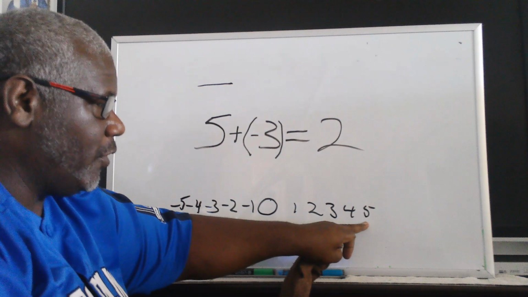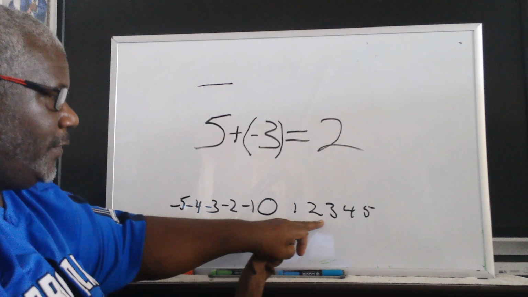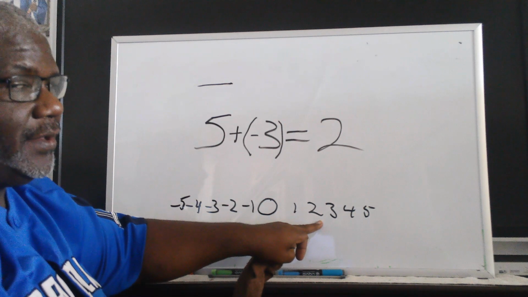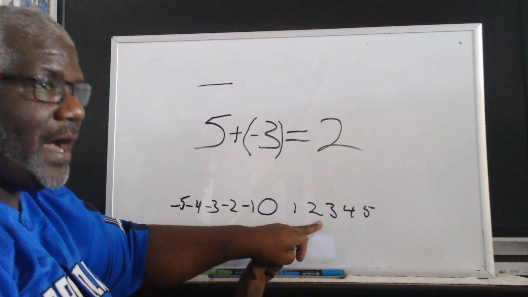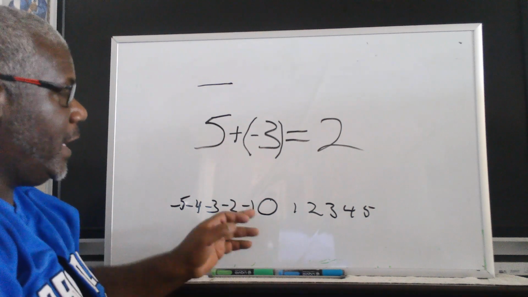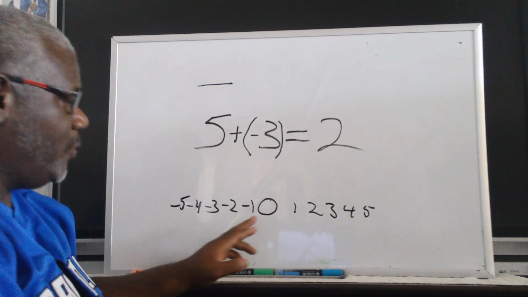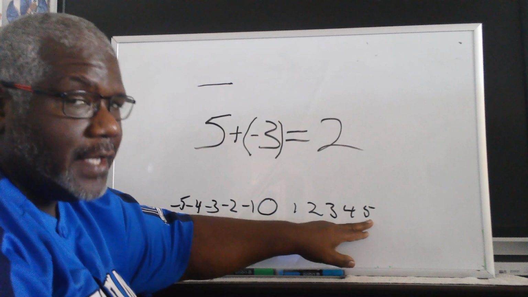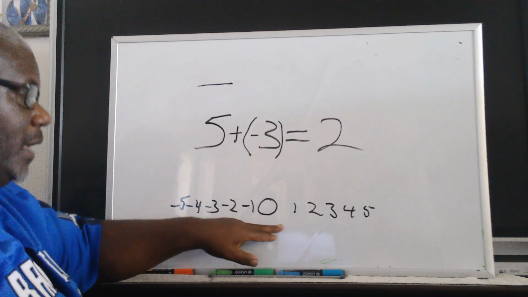So all I do is turn around and add this way. I did the same thing. You either subtract a positive number or you add a negative number. It's the same concept. When you add, you're moving to the right of the number line. When you subtract, you're adding in the opposite direction and moving to the left of the number line.